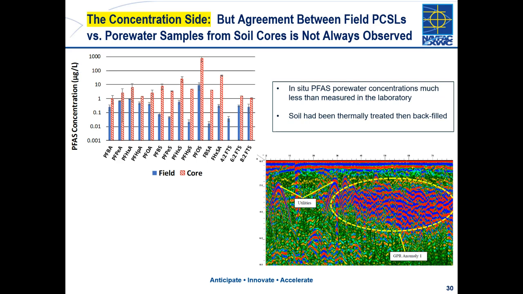Also, in the lower right-hand corner there's some GPR, ground penetrating radar data, and in the area where we put our lysimeters, you can see all these anomalies. So something may be a little bit funny here with the flow. Maybe there's some very structured flow or short circuiting going on here. Maybe that explains why we see the difference.